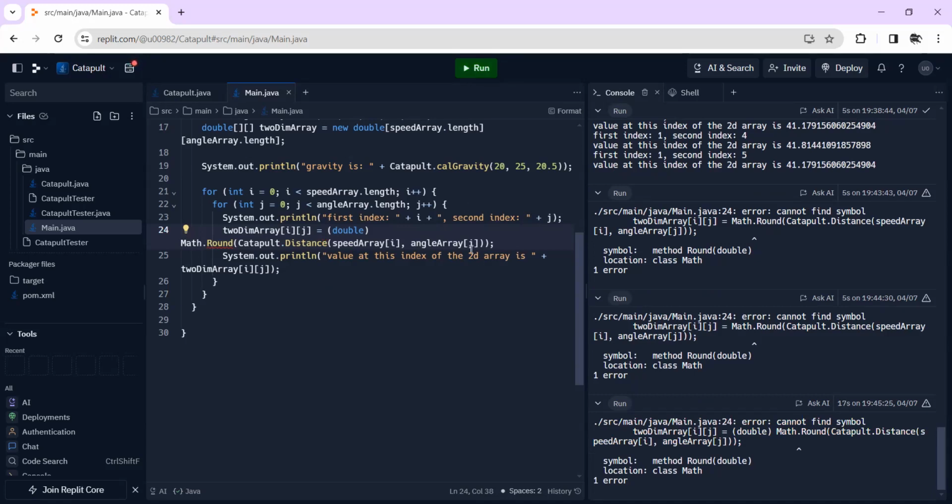Round, round, round. Can you use a small r instead of capital?